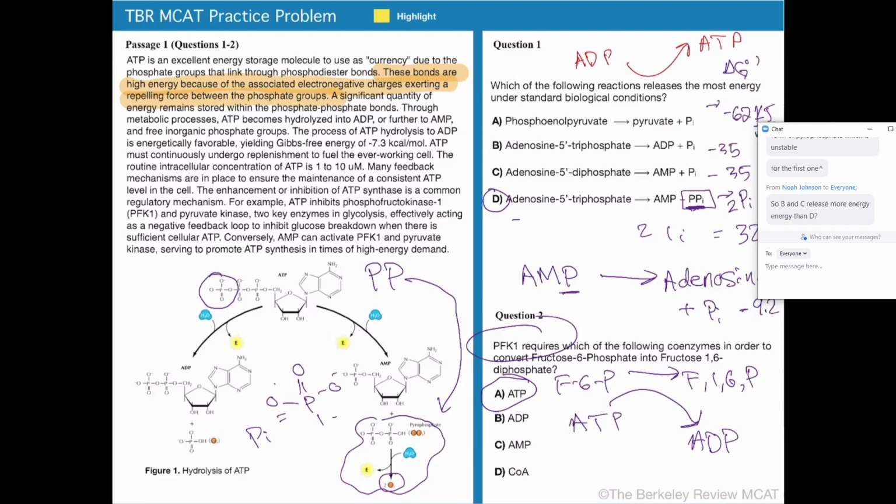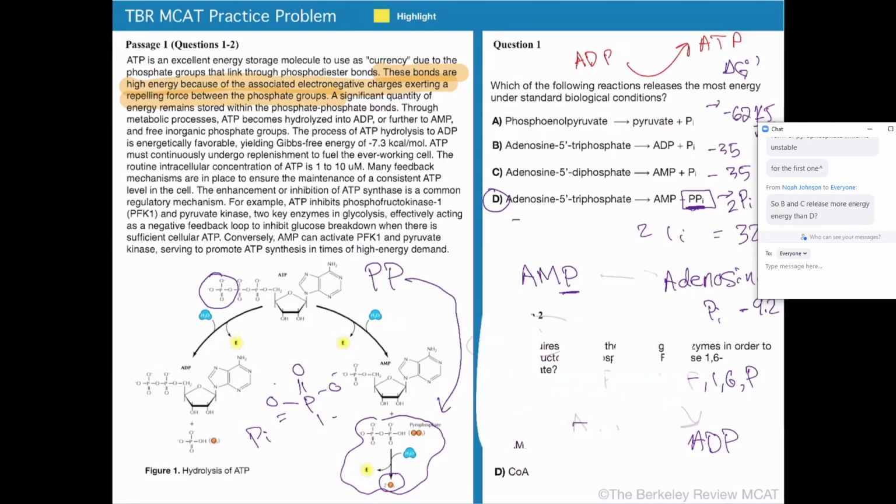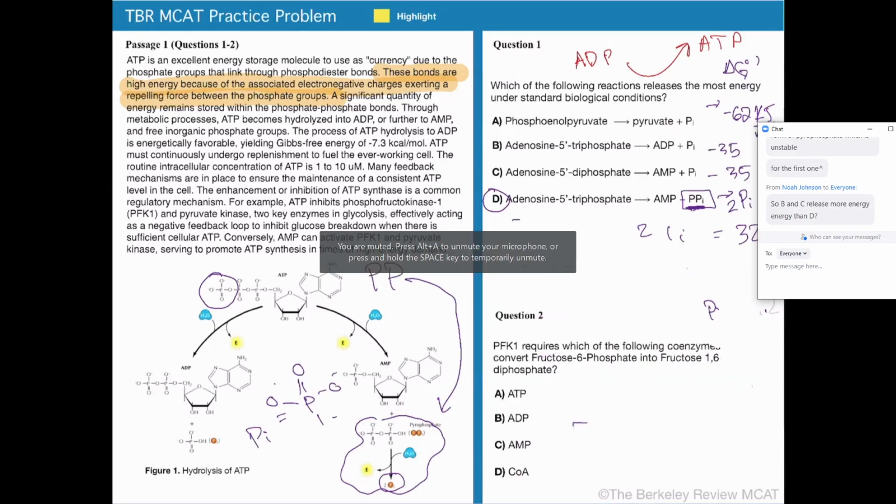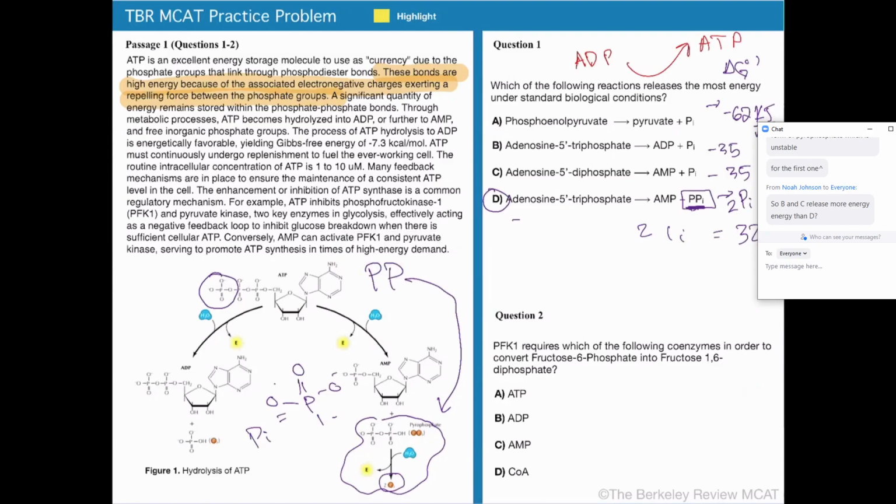Hold on, your mic is pretty garbled. Doesn't D, if the question is releases most energy, and we're not considering A, then isn't D a less negative number, negative 33? So it would release less energy. The higher the negative delta G, the more energy is released, right?